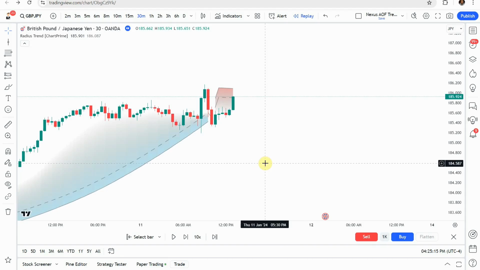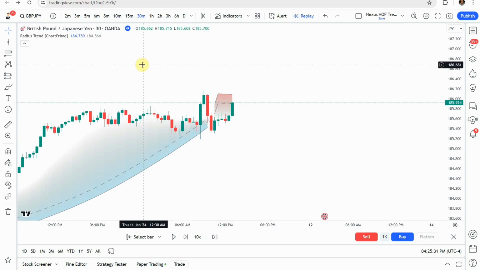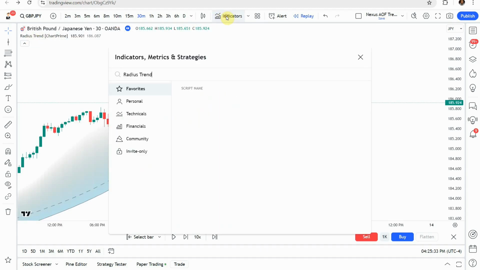Since we are testing just a single indicator, we will be putting this on the indicator testing spreadsheet and not the strategy testing spreadsheet, and we'll be marking it on the testing scoreboard as well. The indicator, as you can see here on screen, is the Radius Trend indicator.